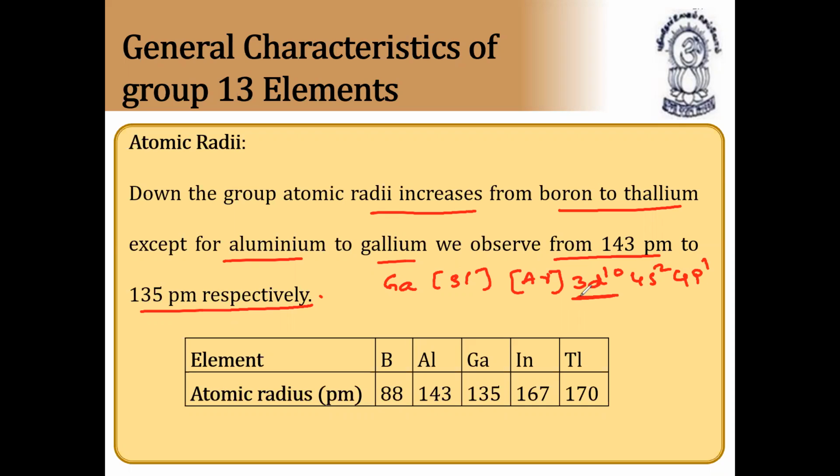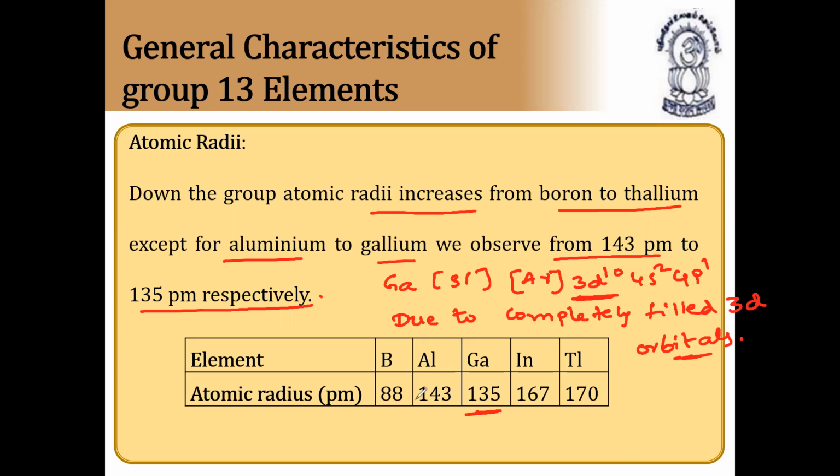Due to completely filled 3d orbitals in gallium, its atomic radius is less than aluminium.